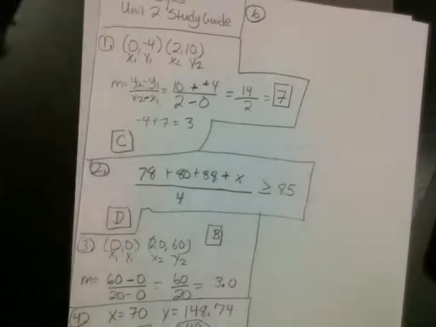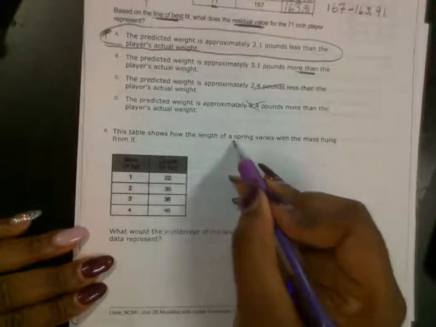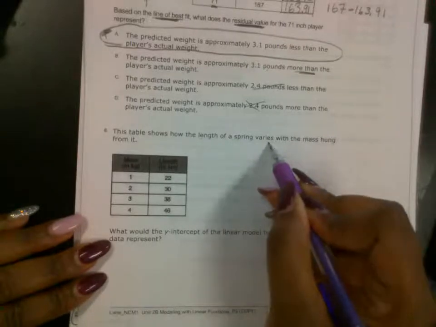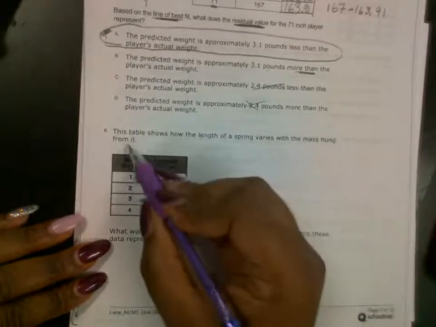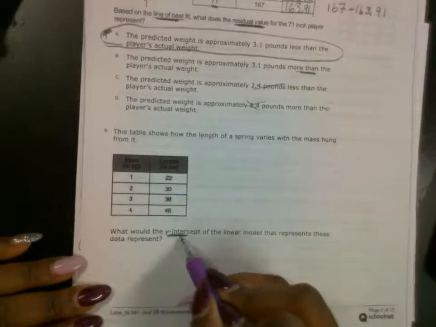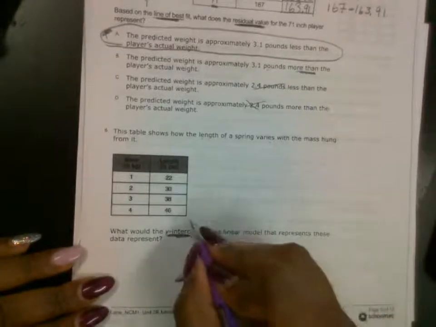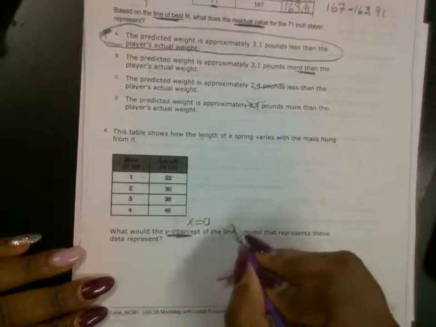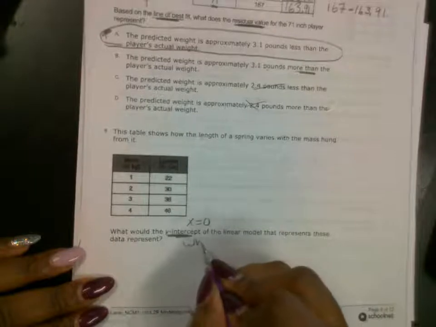Okay? All right. So number 6 says, this table shows the length of the spring varies with the mass hung from it. So this is saying, what would the y-intercept be? The y-intercept is where x is equal to 0, or where the line crosses the y-axis.